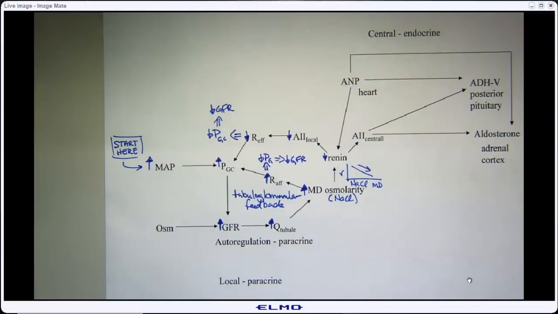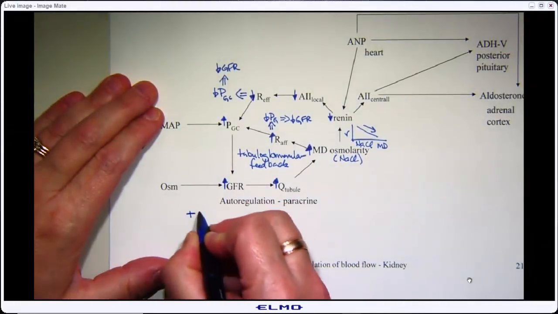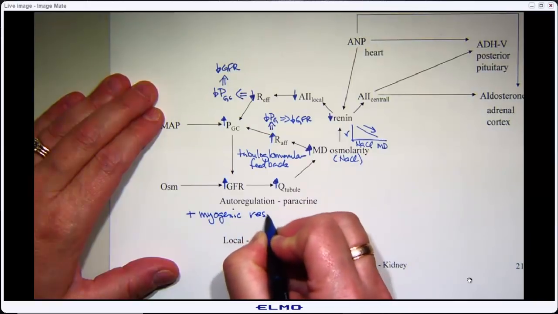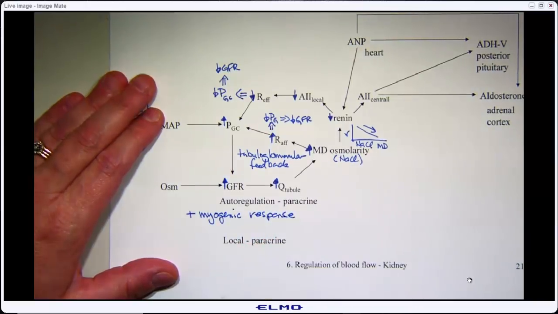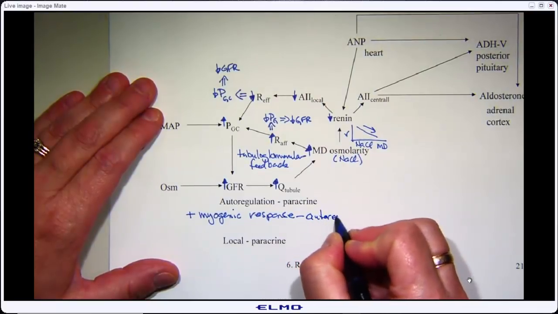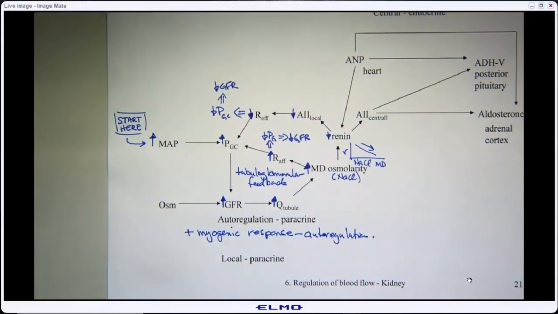And then I want you to go back in the notes and bring forward this idea of the myogenic response. We called it autoregulation, where an increase in pressure would cause an increase in stretch, increase resistance to keep flow constant, to keep GFR constant.